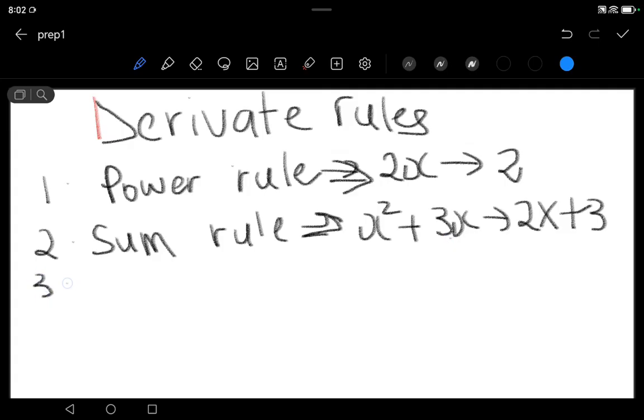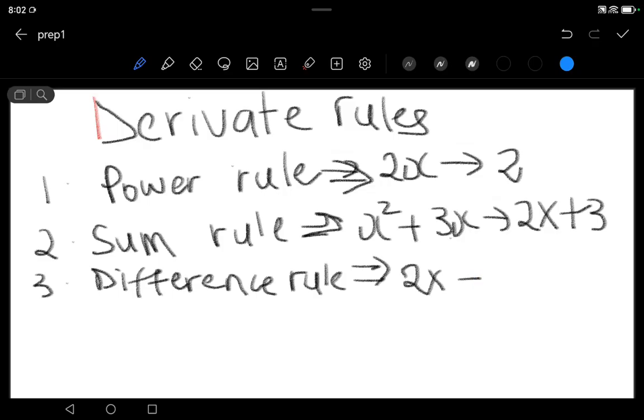And then we have the difference rule, where we're subtracting. Let's say we have 2x minus 5x squared. The answer is 2 minus 10x.